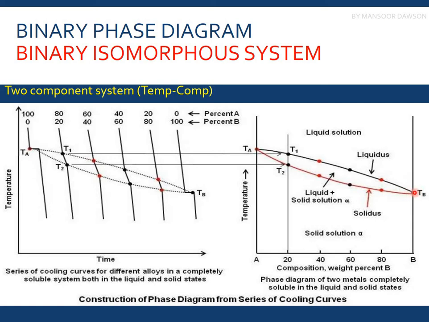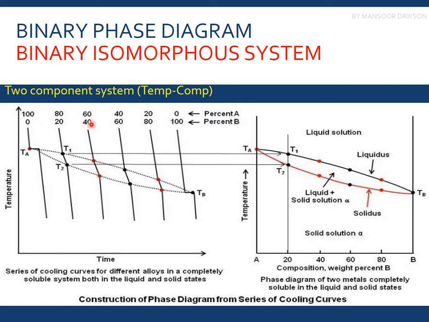But when we move along the composition of B, when we start to add B in A, which is our solvent, you can see that this gap is being observed. That means there is no single line which is both the liquidus and the solidus. On the left, we can see that we have taken certain compositions.